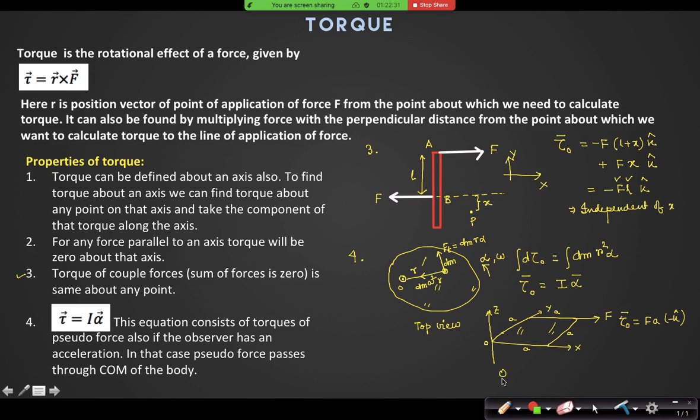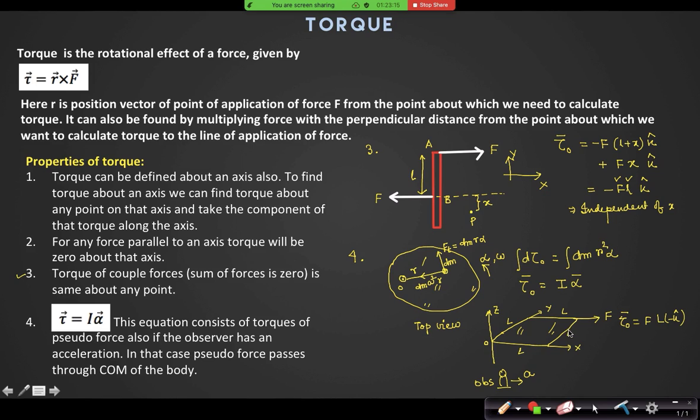Now, suppose my observer is moving with acceleration, say acceleration A. Let us assume this length to be L. Observer is moving along any direction, suppose along x-axis with acceleration A. With respect to that observer, now what torque will I write?